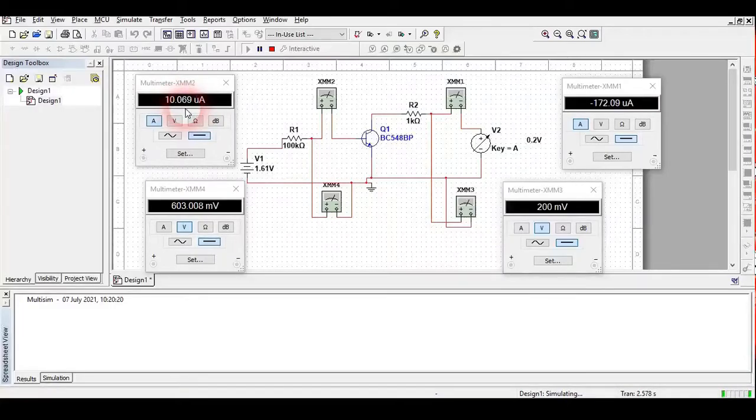So my first observation would be when this was 0 volt and this was around 1.57 or 1.58 volt. At 0 volt and here 10 microampere, we have seen what the current was here.